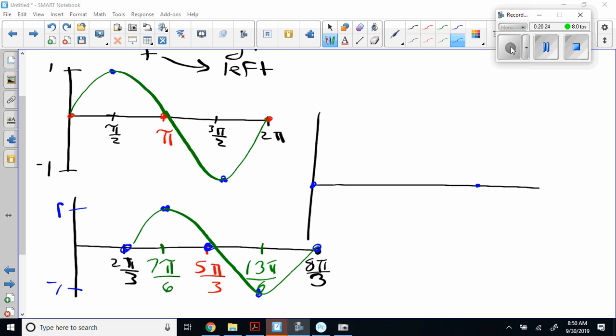What is 2 pi written with a denominator of 6? 12 pi over 6, right? 12 divided by 6 is how much? 2.